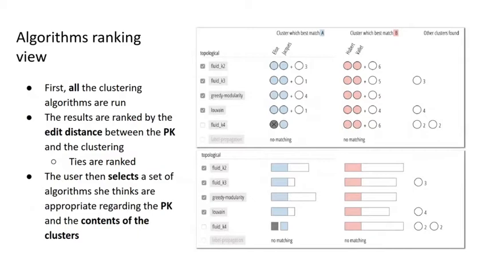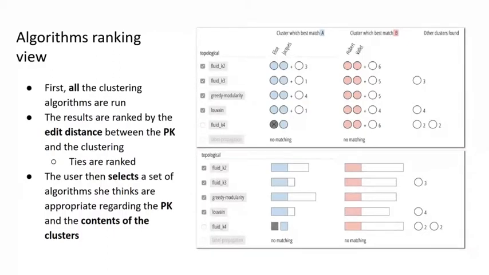Then a bunch of implemented clustering algorithms are run on the data at the same time. And then we show the results to the user, knowing that the results are ranked by how well they match the prior knowledge which has been entered.